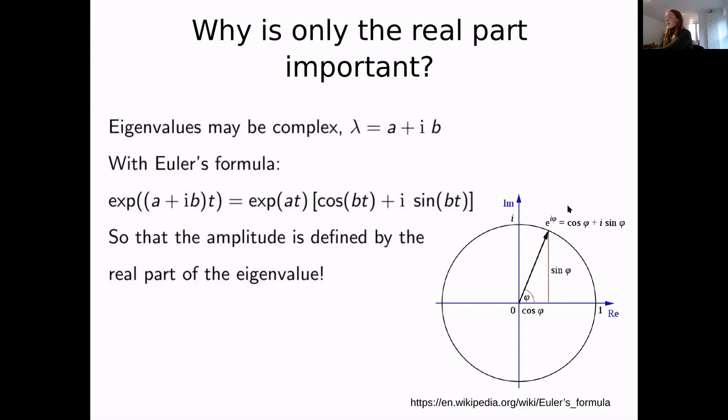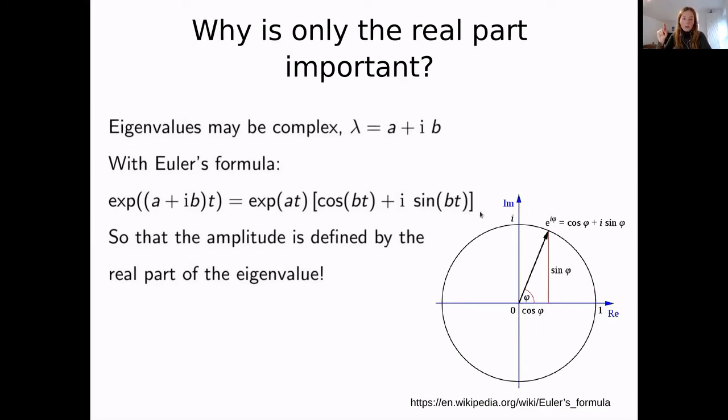And this is just a figure from Wikipedia, which shows this part of the equation. And this is just a vector that rotates around the unit circle that is spanned by the real part and the imaginary part. This may be a little bit abstract, but just accept that this gives you an oscillation, and a lot of systems are going to oscillate.